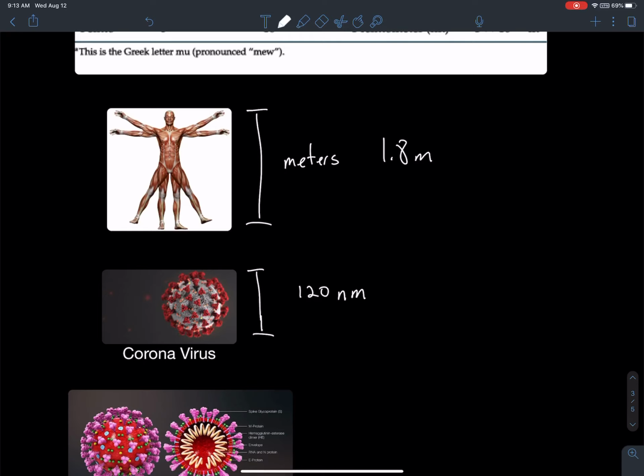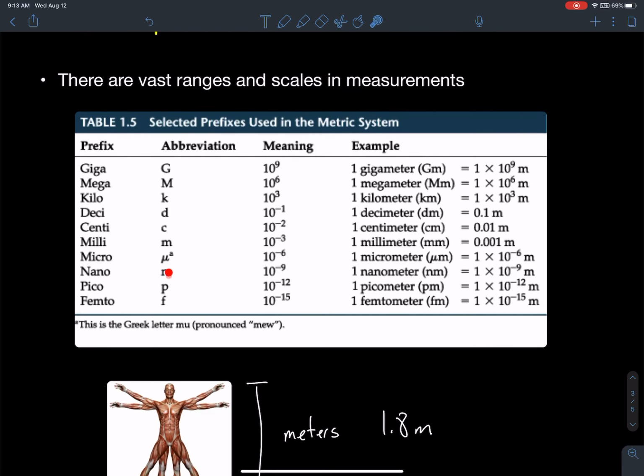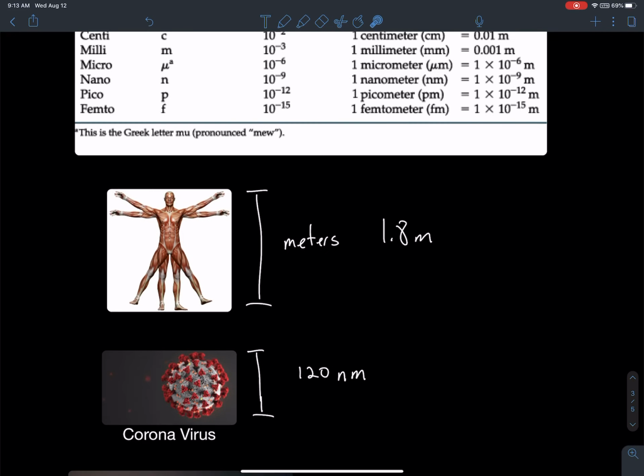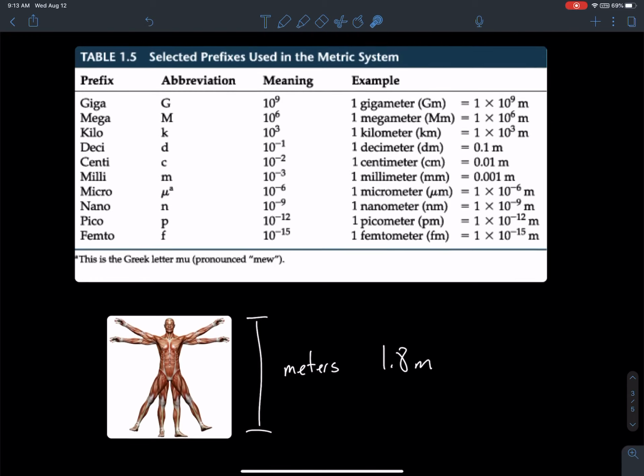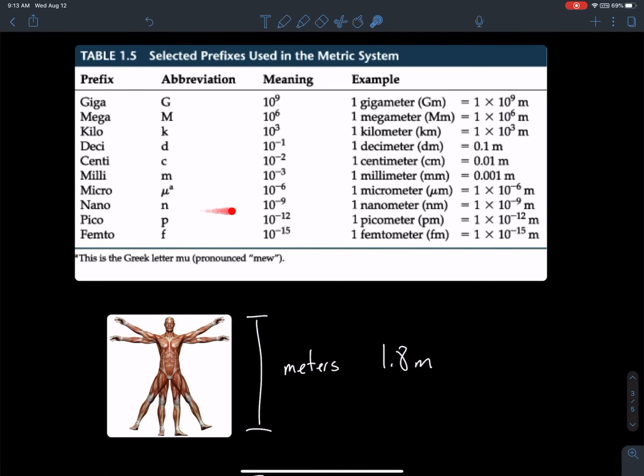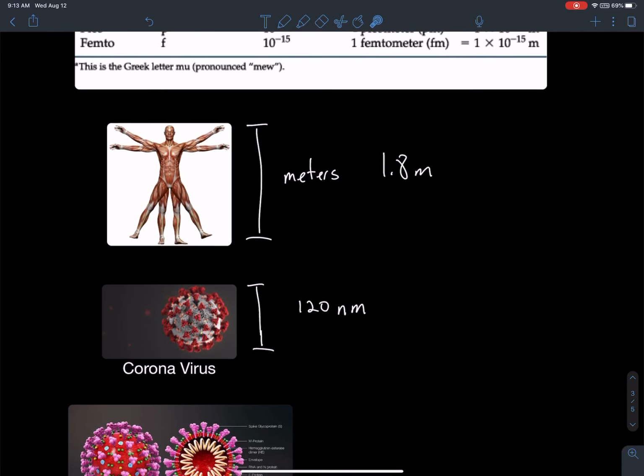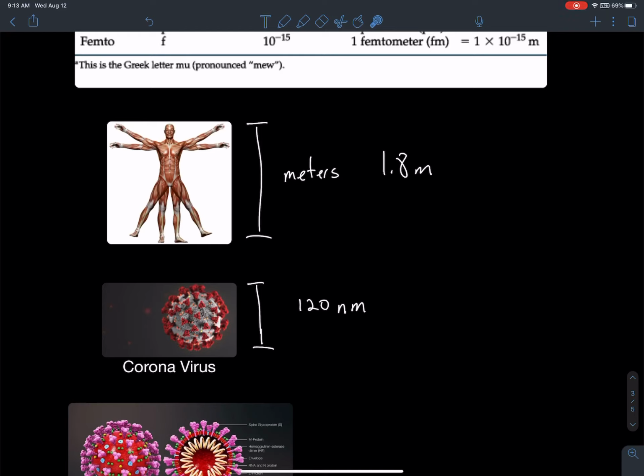So how would I convert that into meters? If I look at nanometers, let's go back to this table. N is nano. So a nanometer is 10 to the minus 9 meters. So that's going to be equal to 120 times 10 to the minus 9 meters.